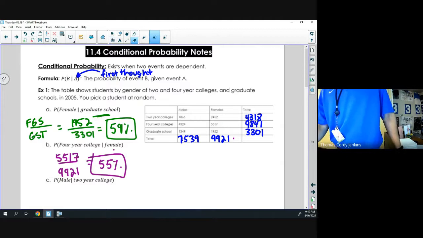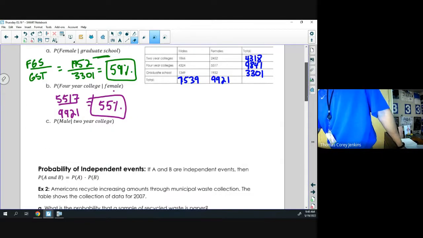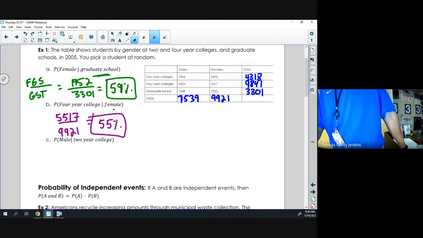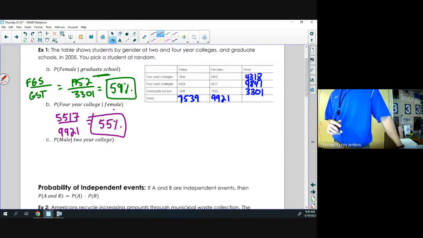All right, and then in our last example, given that we're looking at 2-year colleges, what's my denominator number for the next one going to be? Given that I'm looking at 2-year colleges, what would my denominator be as a number?